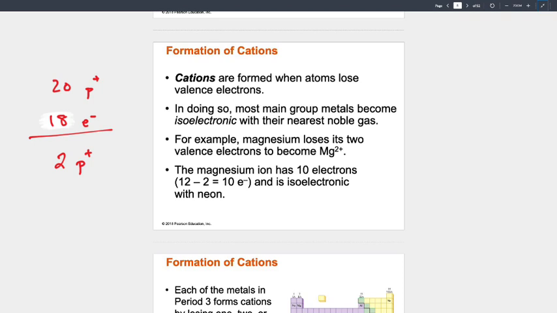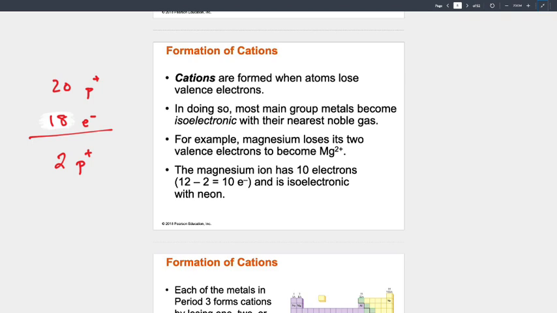So this isn't just gain and loss. I have to quantify the amount. That first column is always going to lose 1 electron rather than gaining 7. That second column is going to lose 2 electrons rather than gaining 6.